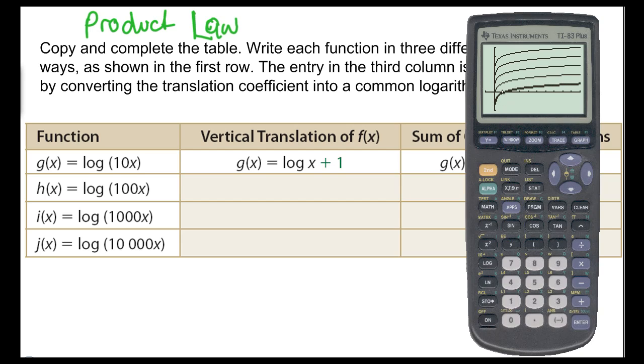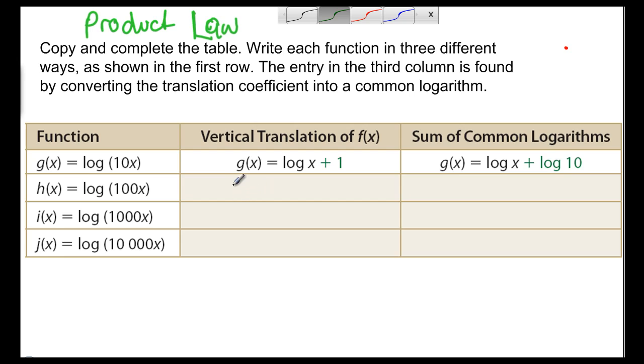So here's our log graph, and it looks like what's happened is the log 10x has been shifted up by about a unit, and then log of 100x has been shifted up by 2 units, and then 3, and then 4. So we're going to try and write that out as they've begun to write it out in this column.